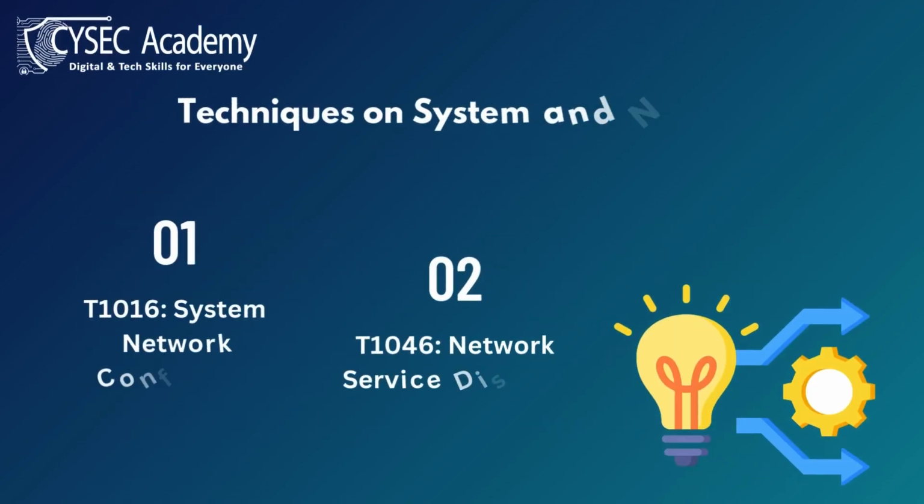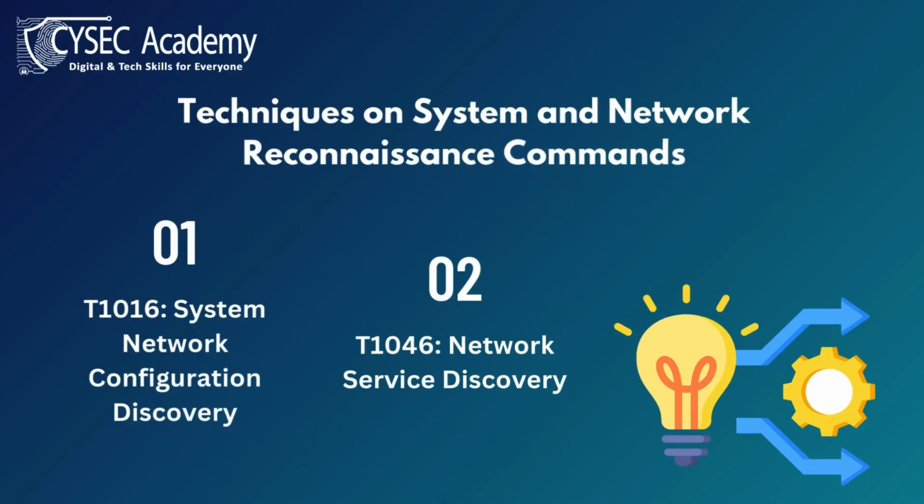1. T1016, System Network Configuration Discovery. Looks for host network details using commands like ipconfig or netstat. Detection focuses on unusual frequency or rapid command sequences. 2. T1046, Network Service Discovery.